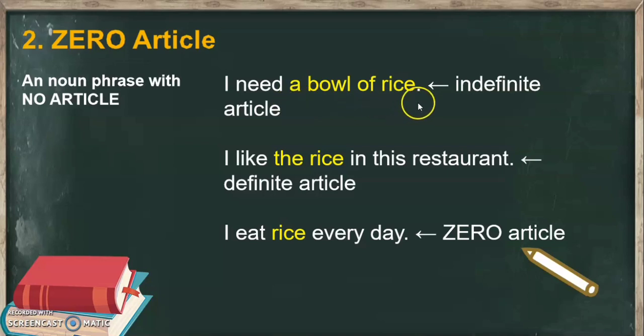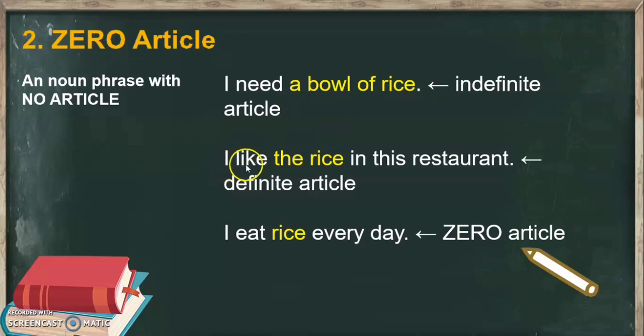We use the indefinite article a because it can be any bowl of rice. It can be a bowl of rice from your house, a bowl of rice that your mom made, a bowl of rice at the restaurant, any bowl of rice that you can get. It's not definite. It's an indefinite article, a bowl of rice.